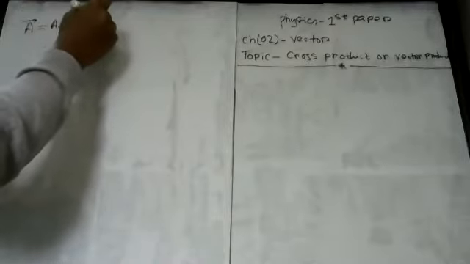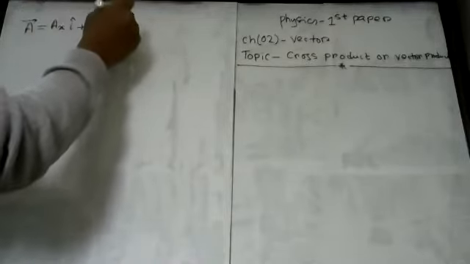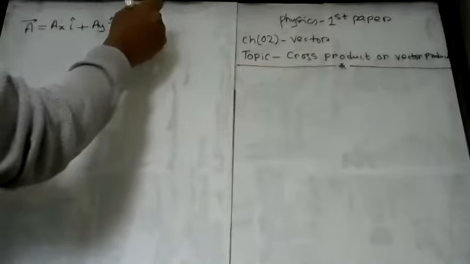Suppose, for example, vector A is a three-dimensional vector. It is ax i hat plus ay j hat plus az k hat.